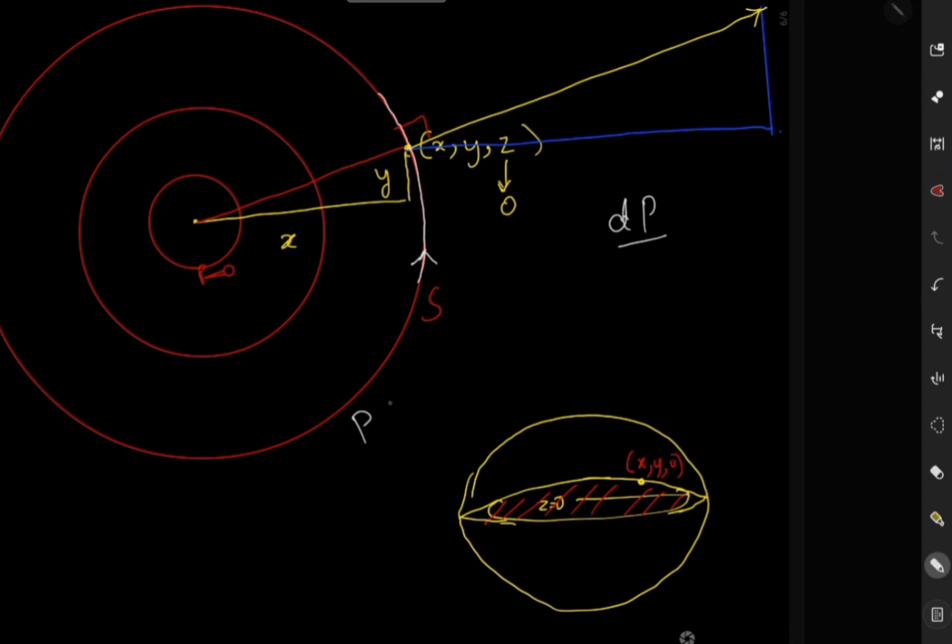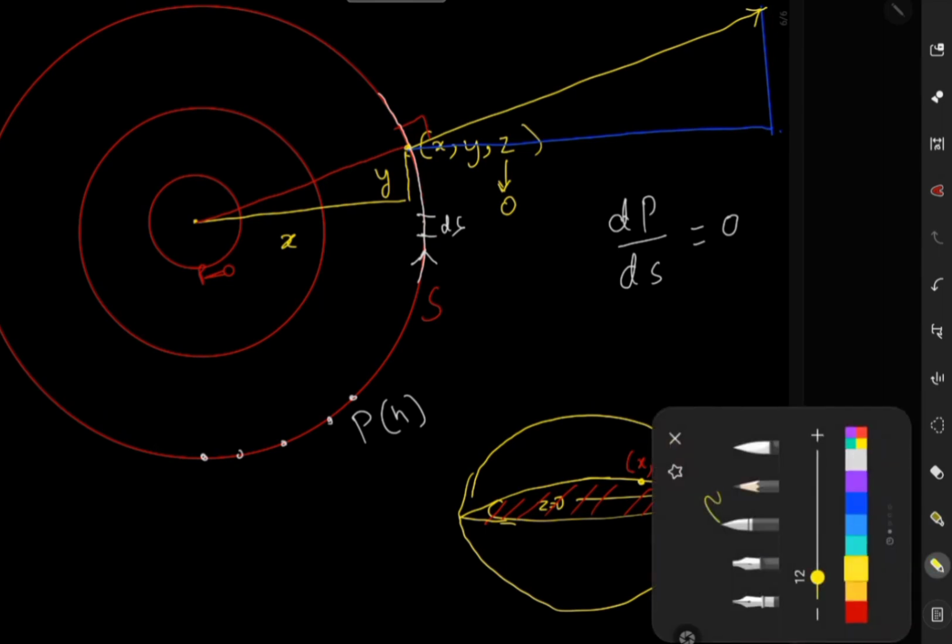Since p is constant here, p is the same at every point on this level. If we move outside this level or inside it, then only p will change, but not on moving along the same surface level. So dp by ds, this is our ds, will be 0. Let's move on to the next page.